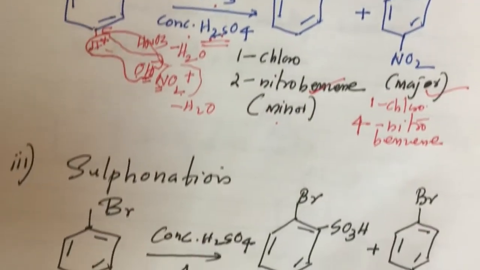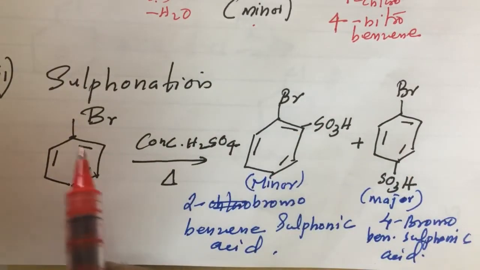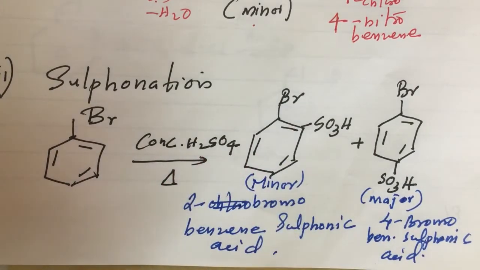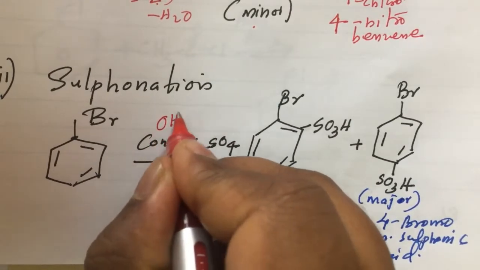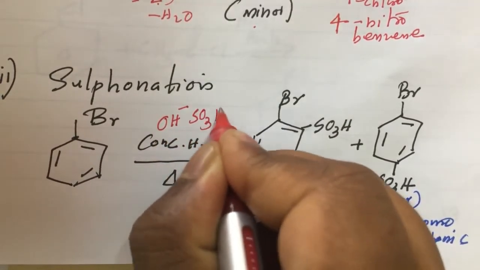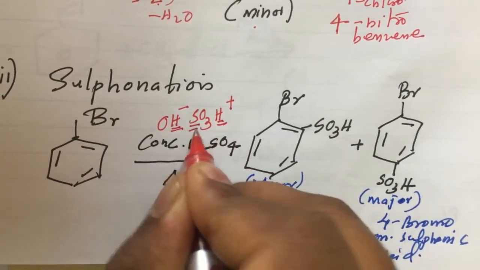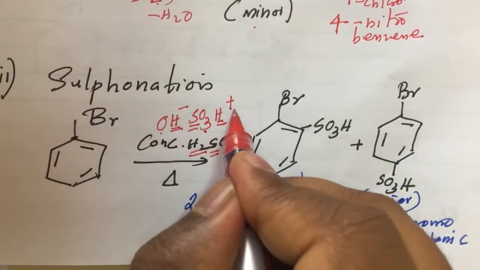Next is sulfonation. Sulfonation means reaction of haloarenes with concentrated sulfuric acid. Concentrated sulfuric acid we can write like this: OH minus, SO3H plus; H2SO4 is OH minus SO3H plus.